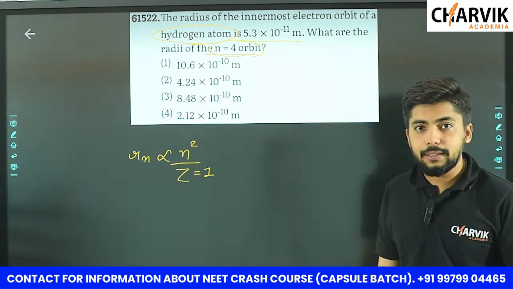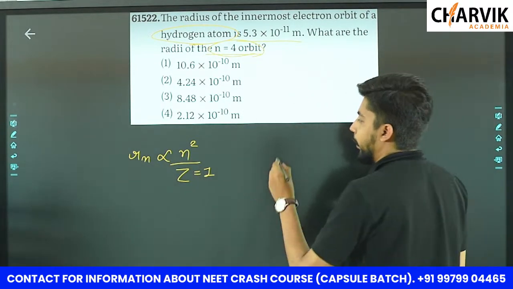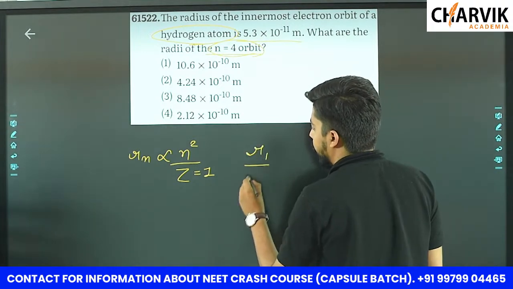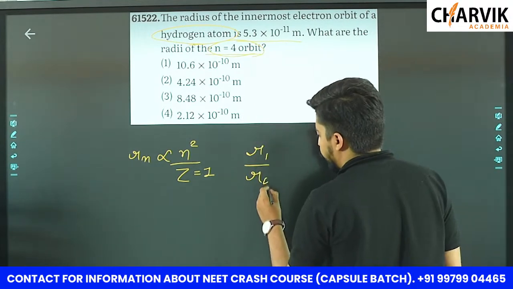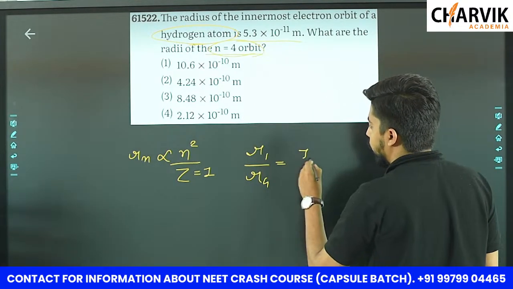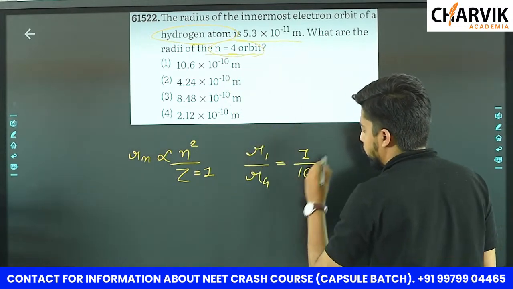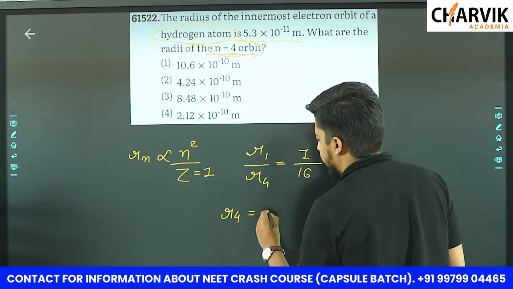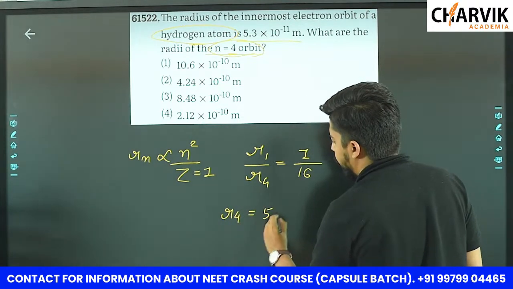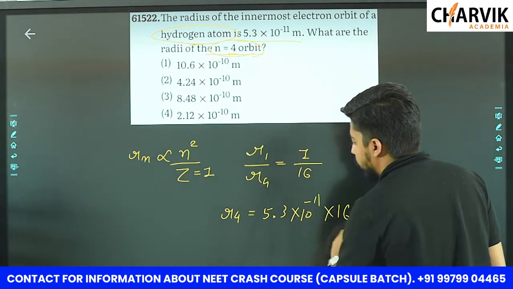So right now we can say that Rn is directly proportional to n square. So we can write the equation R1 divided by R of n equals 4, which equals square of 1 divided by square of 4, which equals 1 divided by 16. So our radius of the fourth orbit will become R1, which is 5.3 into 10 raised to minus 11, into 16.